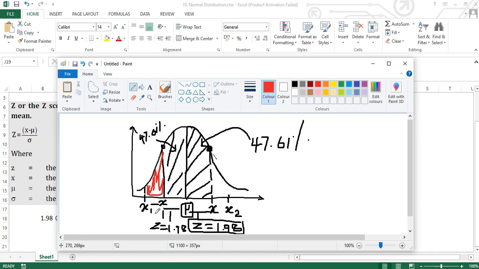Then you should find the gap between the mean, the average, and this one, and then get the area of this whole section and subtract this particular section's area. Then you will get the balance of this. Okay.